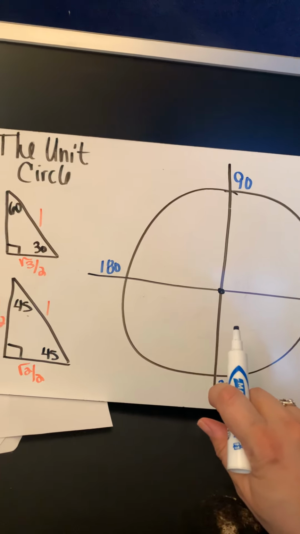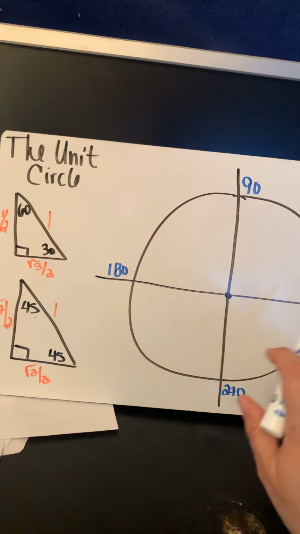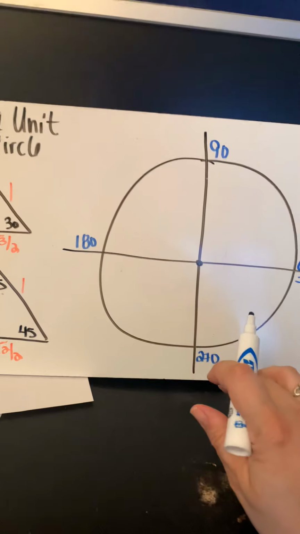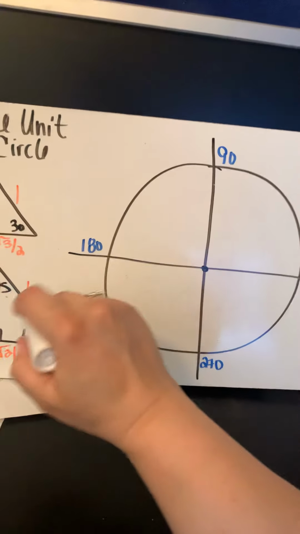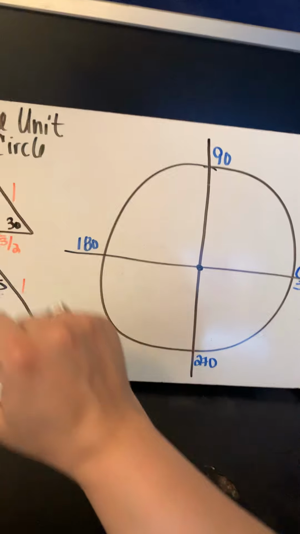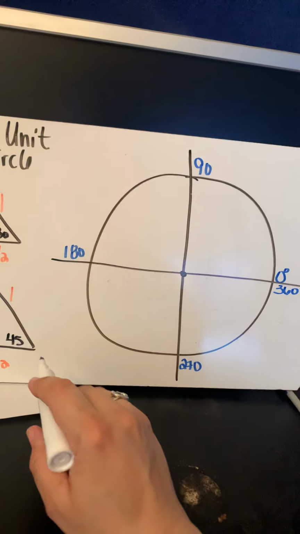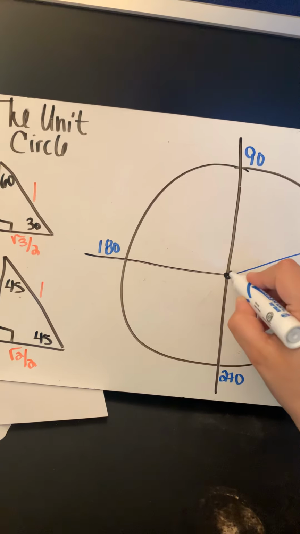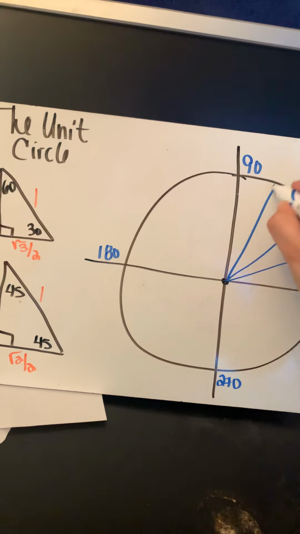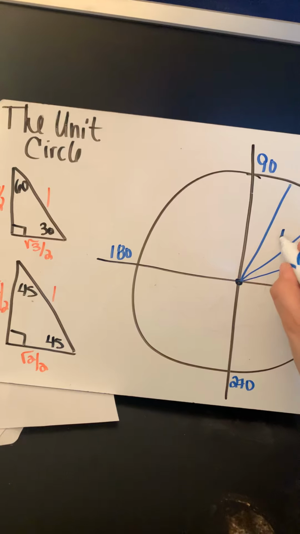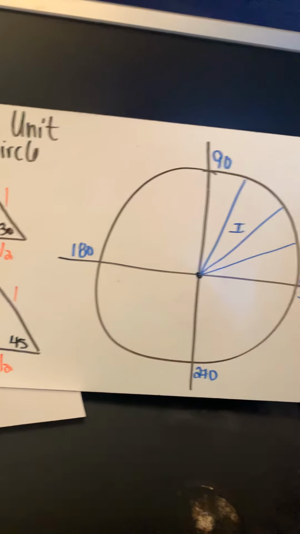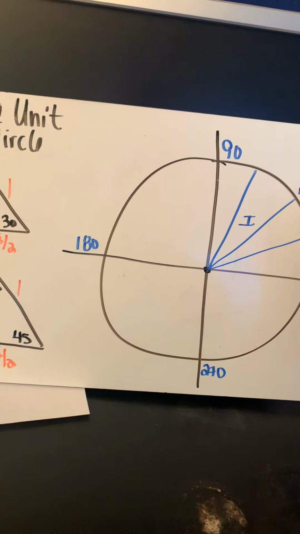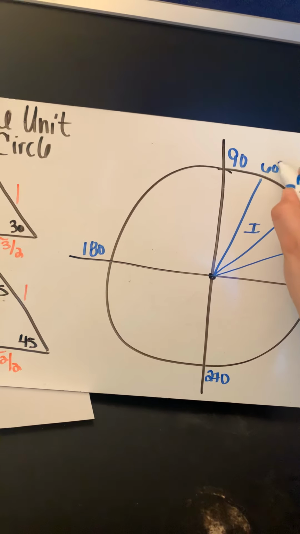Okay, so we've got other angles coming into play, based on these three angles: 30, 60, 45. So I'm going to draw three more angles in quadrant 1. Remember, this is quadrant 1. This is going to be 30 degrees, 45 degrees, 60 degrees.